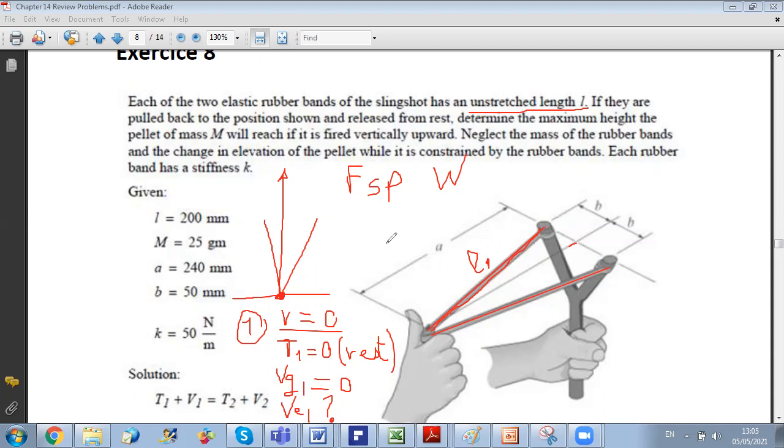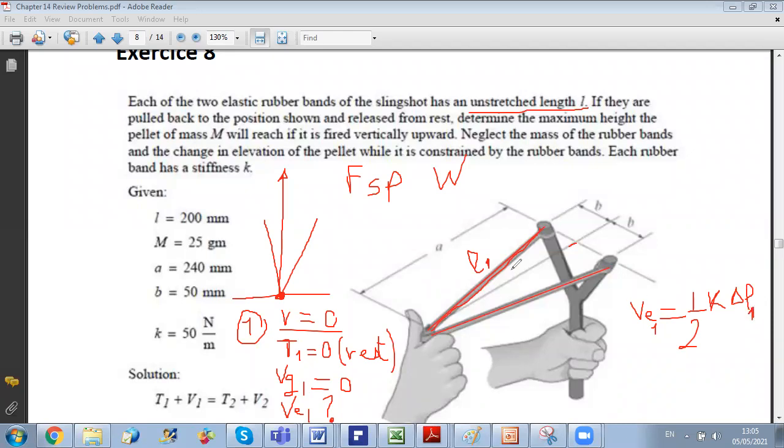It's half K delta L squared. So V elastic at state 1 for each rubber is half K delta L1 squared. But since we have 2 rubber bands, we should multiply by 2.